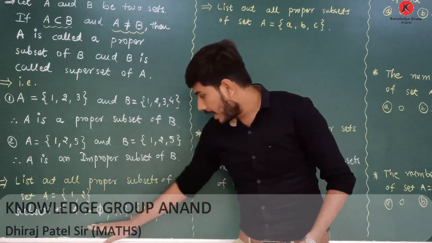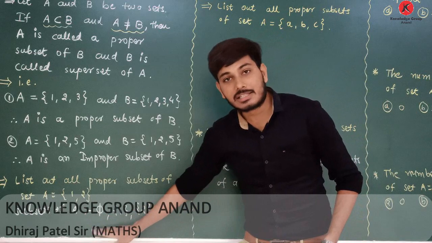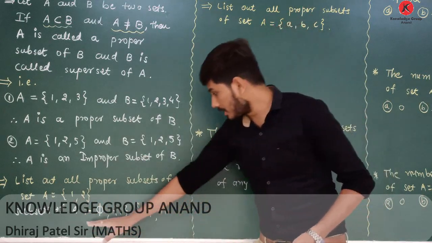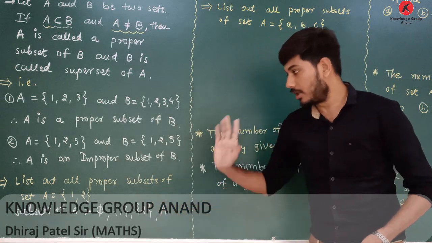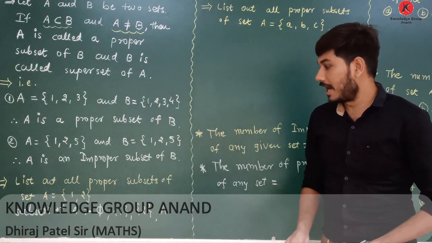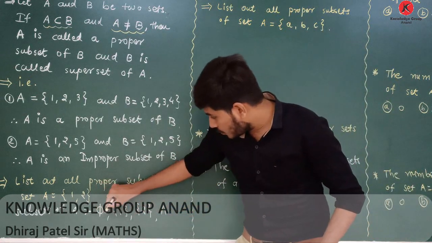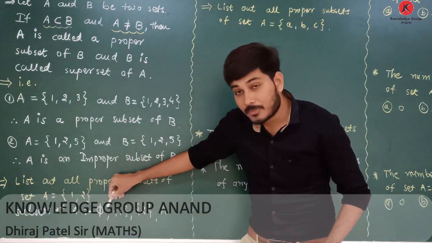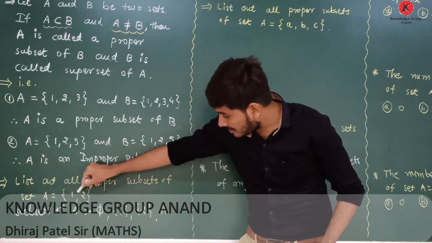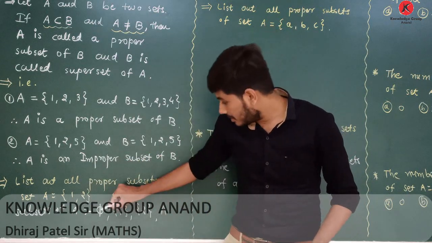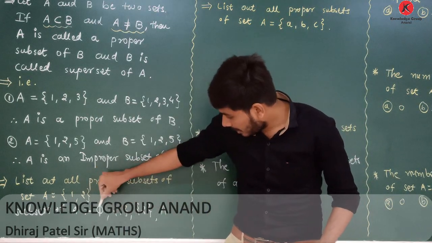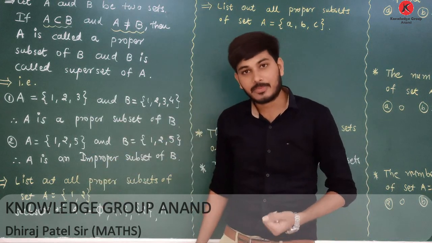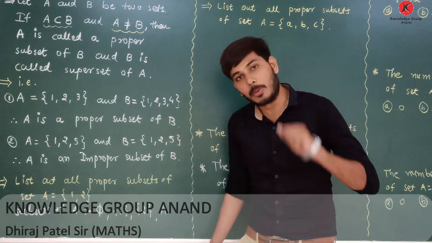Now see here, there are 4 subsets of set A. Among these, list out the proper subsets only. For the proper subsets, it will be a subset of set A and not equal to set A, then we can say that it is a proper subset.